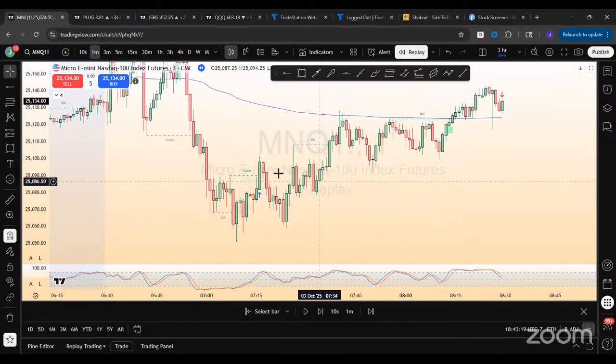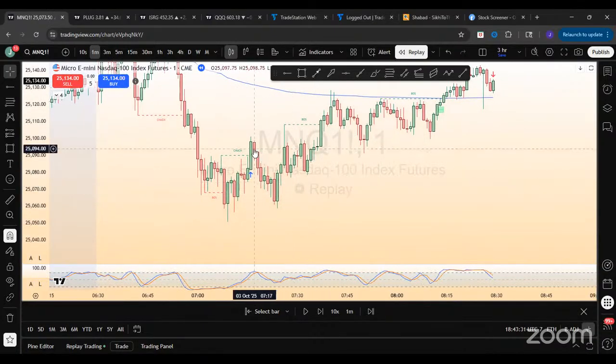You can even do another confirmation when this bullish change of character comes. You want to see, is this a fake one, or is it actually shifting the trend? The way you do that is, if it had broken this low, then you wouldn't take this as a long, because it means the trend is continuing.